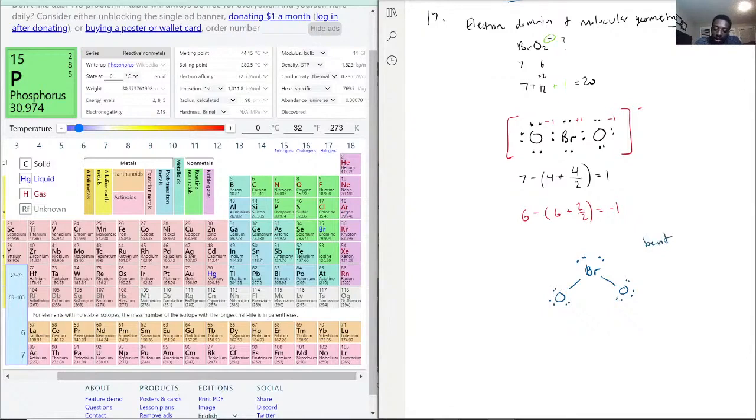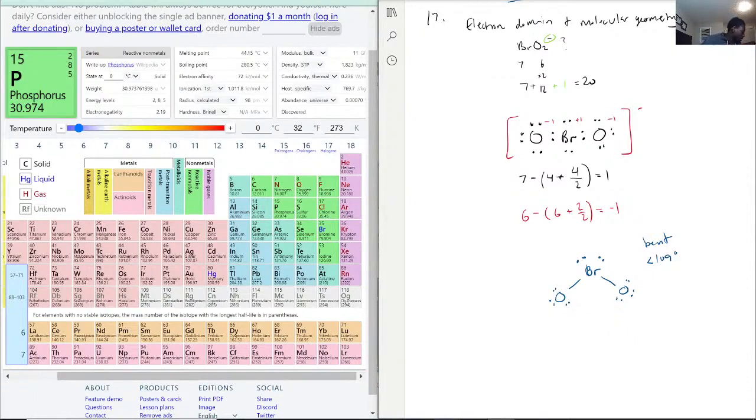I believe the angle is less than 104, something like that. Let me see here, because I wrote it down somewhere. For bent shapes, the angle is going to be around there. The lone pairs may influence the shape a little bit, but it's less than 109, so not 104, 109 degrees.